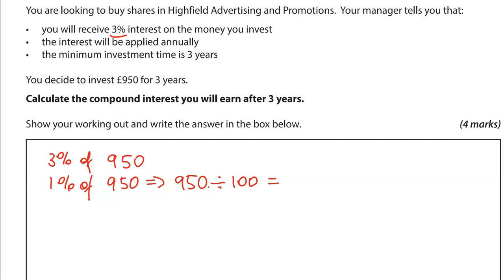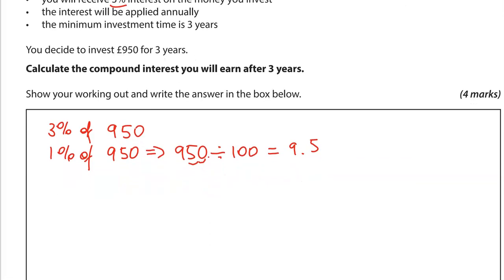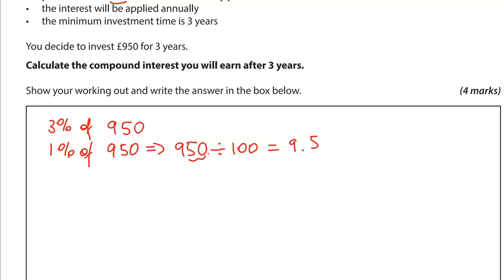And we move the decimal point 2 places, in this case to the left, because we're dividing. So this will be 9.5, because we go 1, 2 places. Okay, so 1% is 9.5.